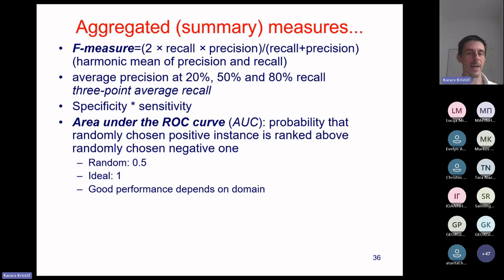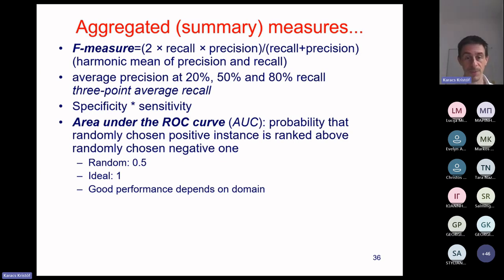Then you can take average precision with different recall rates, and this is called a 3-point average. Another aggregation method would be to take the product of specificity and sensitivity, if your task typically works with these concepts.